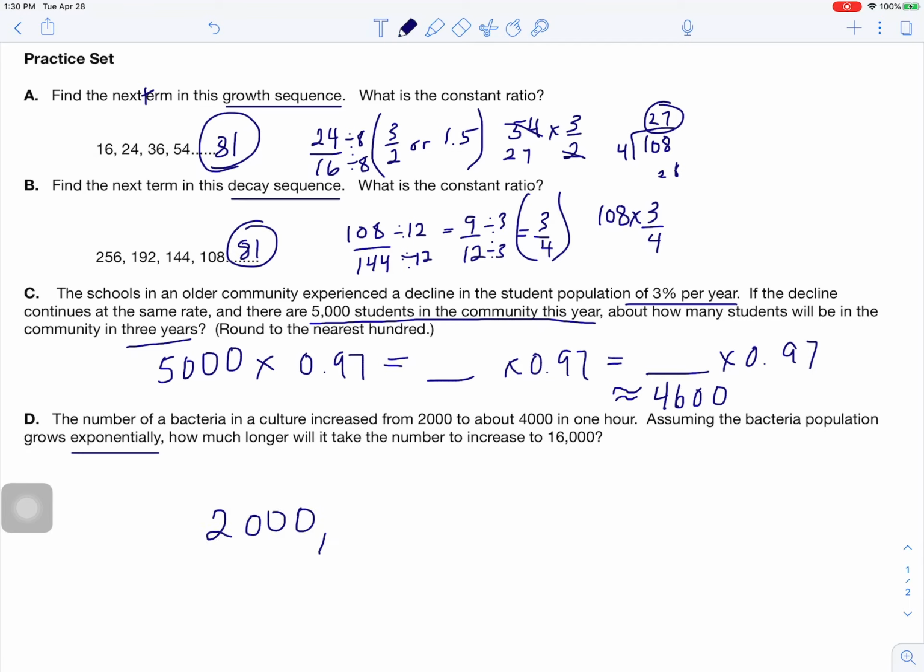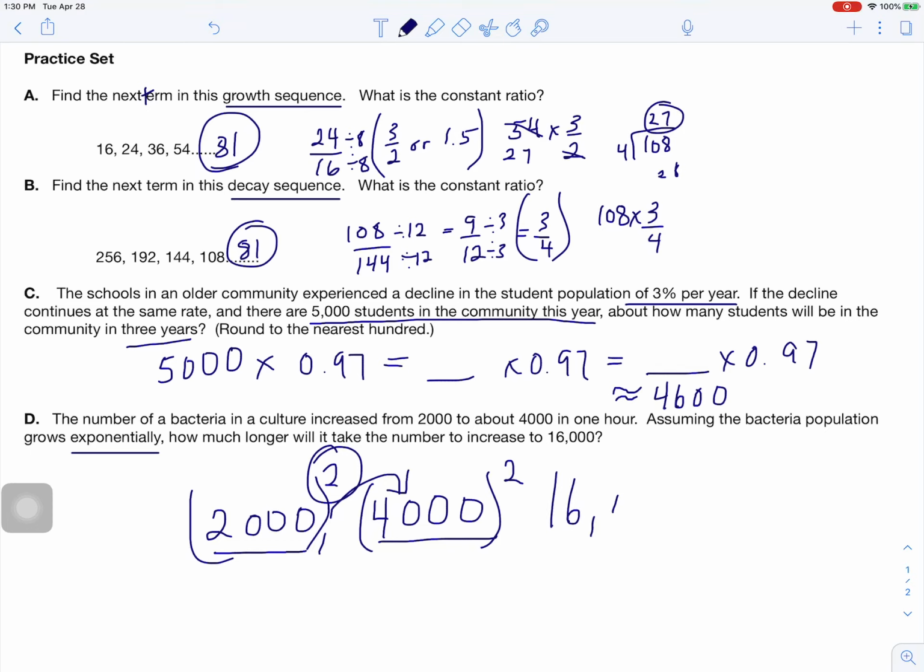So we start at 2,000 and we're at 4,000. Really what we've done to get from 2,000 to 4,000 is we've gone 2,000 squared gets us to 4,000. That's an exponential growth. And we go from 4,000, we square it, and we're at 16,000.